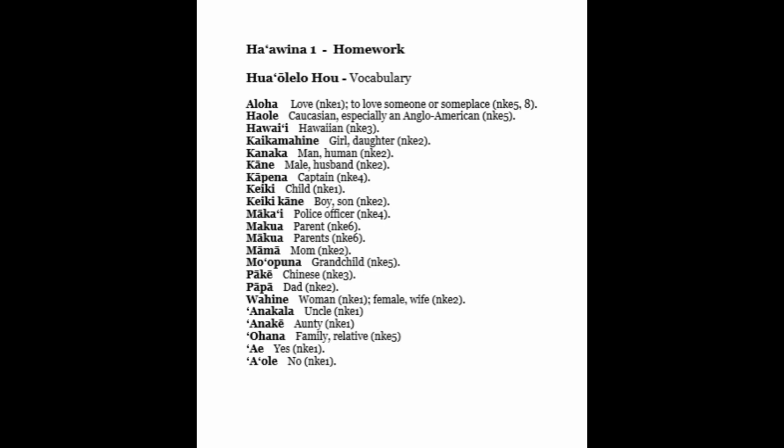And we can continue with Haʻawina ekahi, the homework on Hua ʻŌlelo, the vocabulary. So this is added so that you can just go over aloha and the meaning, love, and kapena, makai for police. And you can go over these and you can study these.